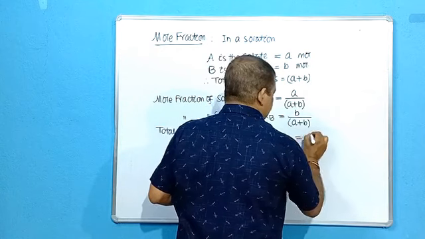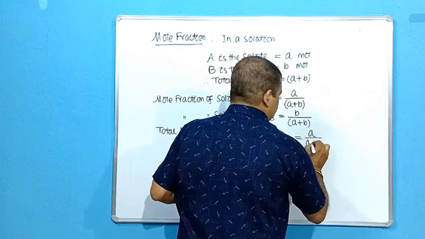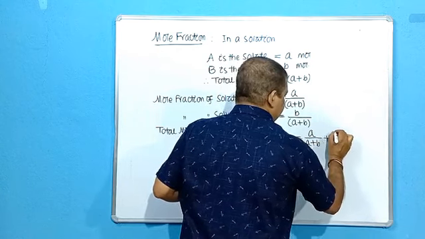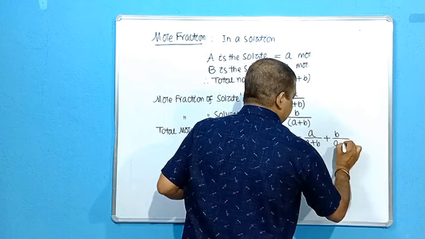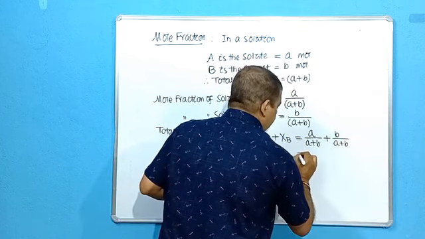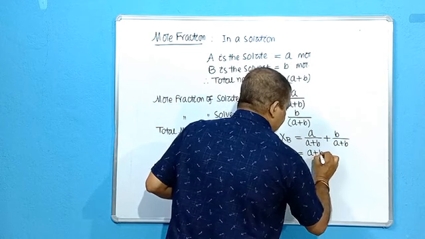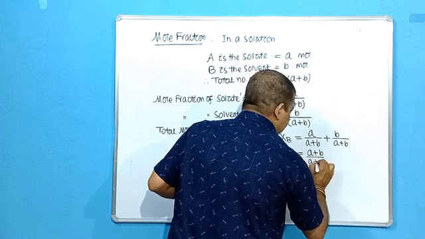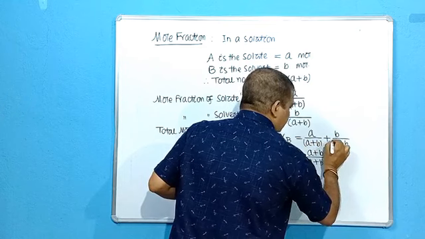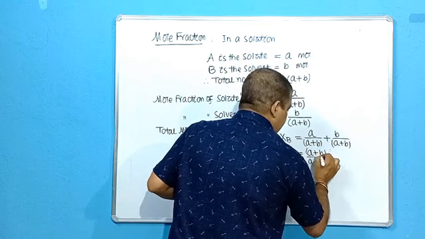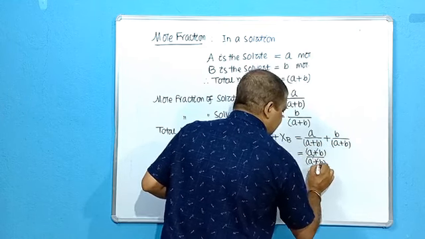It will be A by A plus B, plus B by A plus B. So it will give A plus B by A plus B, which cancels out and it will be 1.